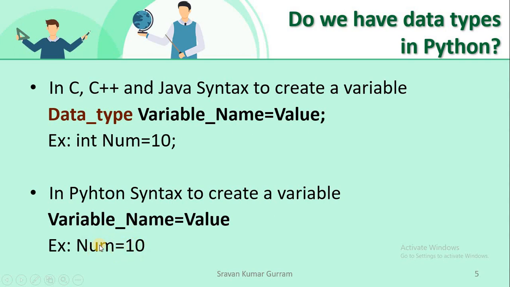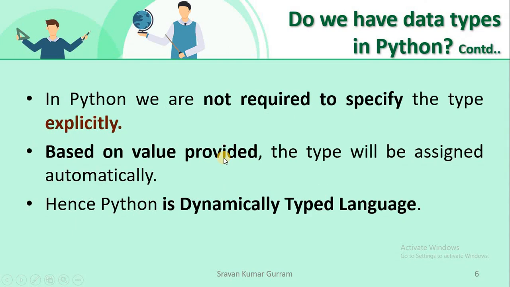That is the only difference, but we have the data type concept in Python also. Based on the value we are providing to that variable, the data type of that variable will be decided by the PVM at runtime automatically. As a programmer, you are not writing that. That is the reason Python is called a dynamically typed language.